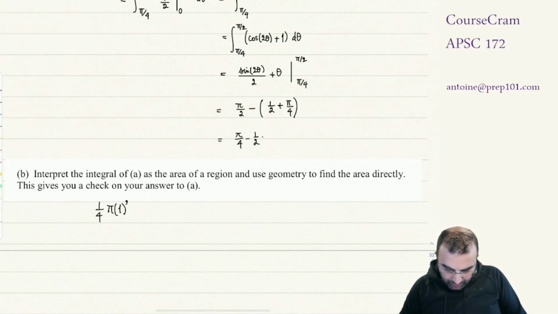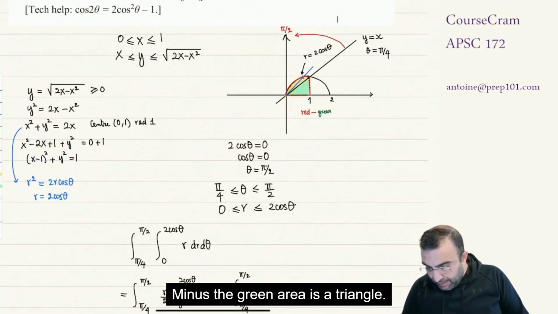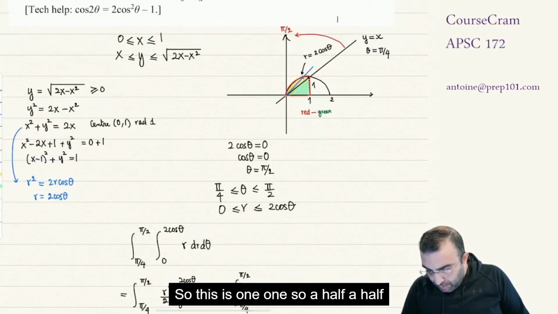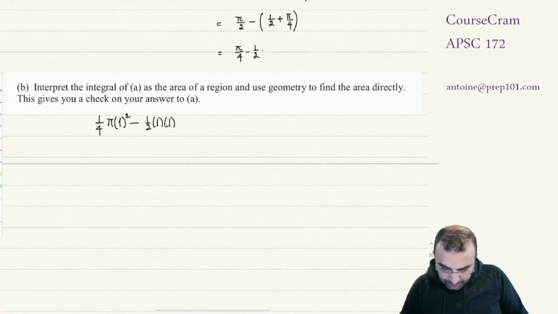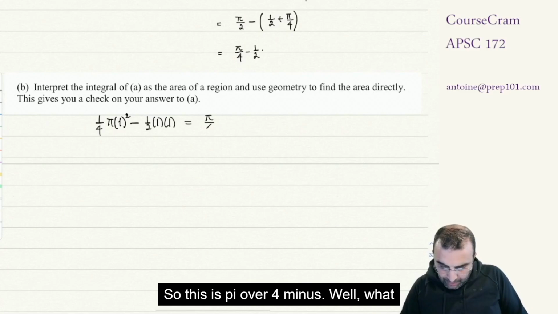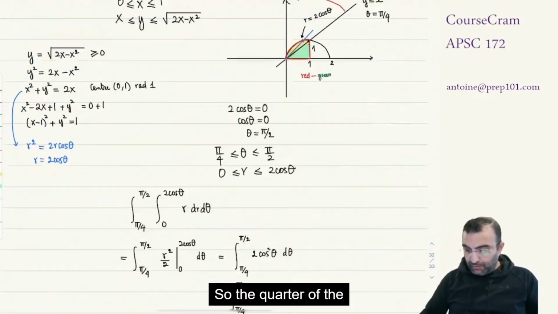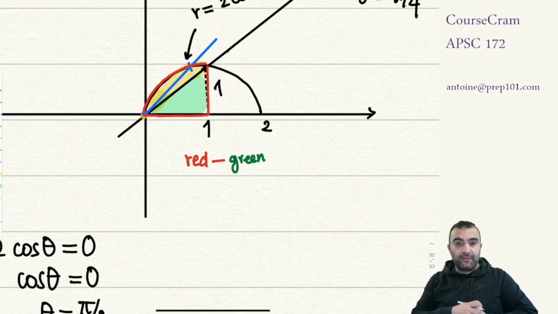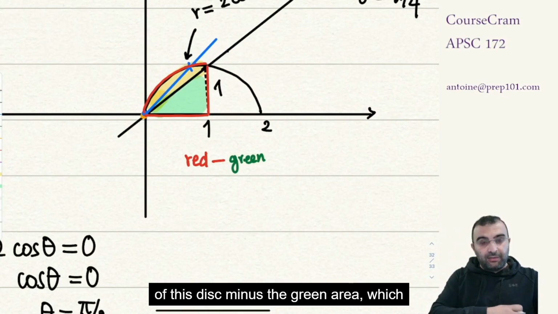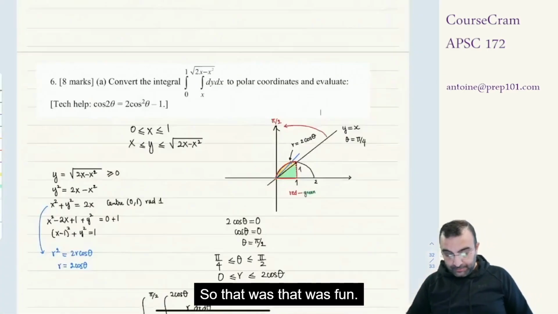The radius is 1, minus the green area is a triangle. So this is 1, so a half base times height. So this is pi over 4 minus 1/2. Well, what do you know? It's actually the same. So the quarter of the area of this disk minus the green area, which is a triangle. So that was fun.